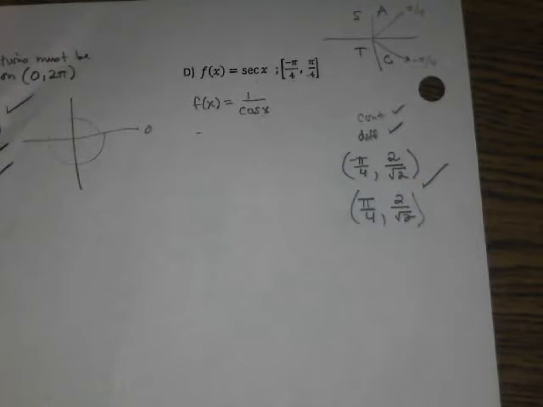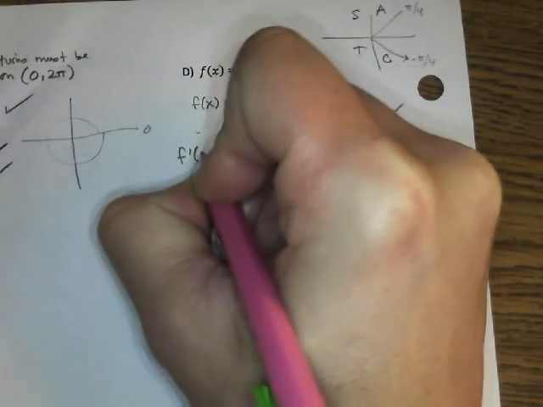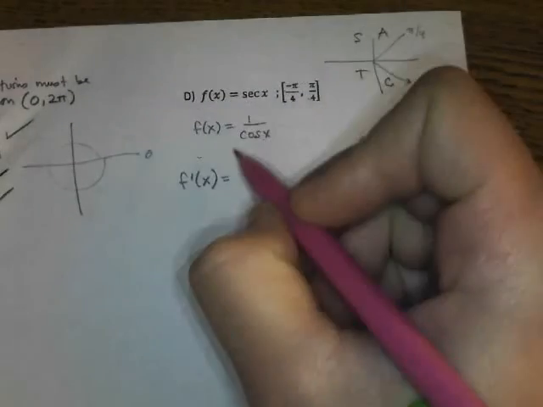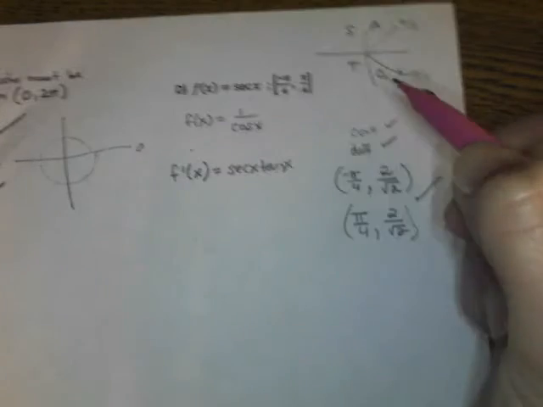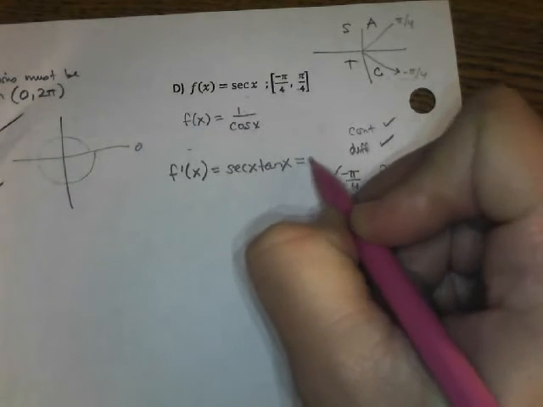So now we have to find out where. So what is the derivative of secant? Secant x tan x. And we want to know where this equals 0 on this interval. Okay, so between negative pi over 4 to positive pi over 4.